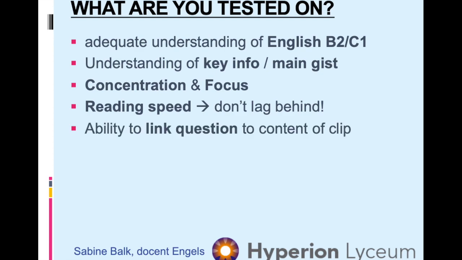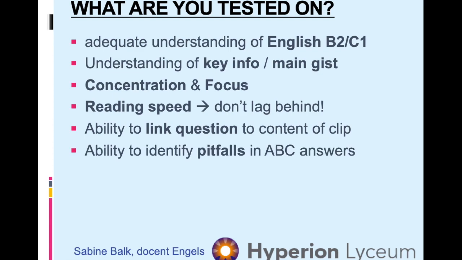Your ability to link the question to the content of the clip and of course the multiple choice answers as well. And last but not least, your ability to identify the pitfalls in the ABC answers. Very important. As you can see, you're combining lots of different skills at the same time, which makes a listening and viewing test pretty complex material.